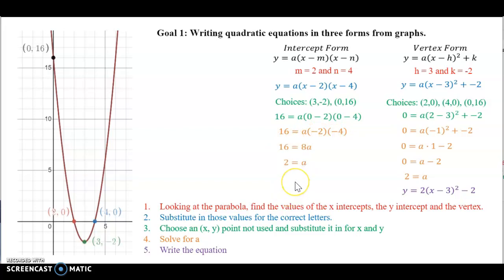Dividing both sides by 8, you are left with a is 2. Then you plug that back into the original equation, and you are left with y = 2(x - 2)(x - 4).